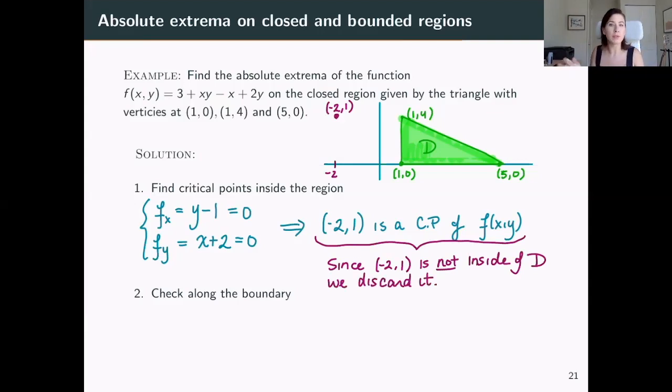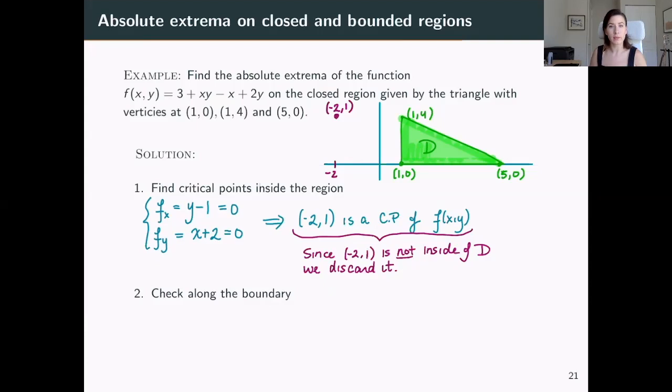Now we can move on to the second step of checking along the boundary, which is a more complicated case for us to work through. To check along the boundary, we first need to figure out what the boundary is. The boundary consists of the edges of this triangle. We have this boundary here, drawn out in purple, which I'm going to call boundary 1.